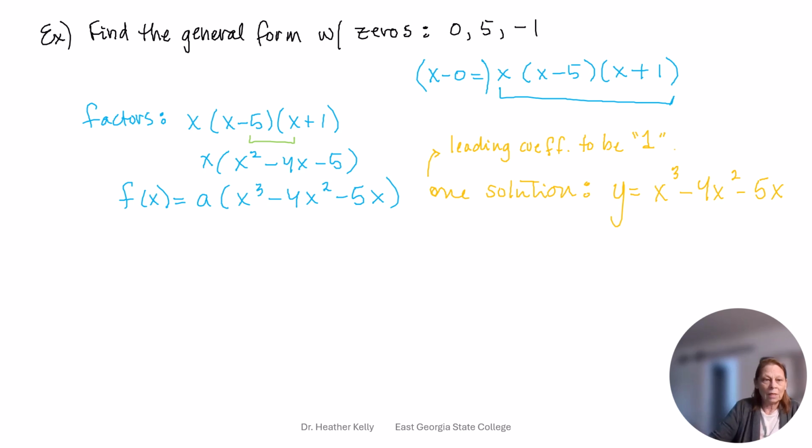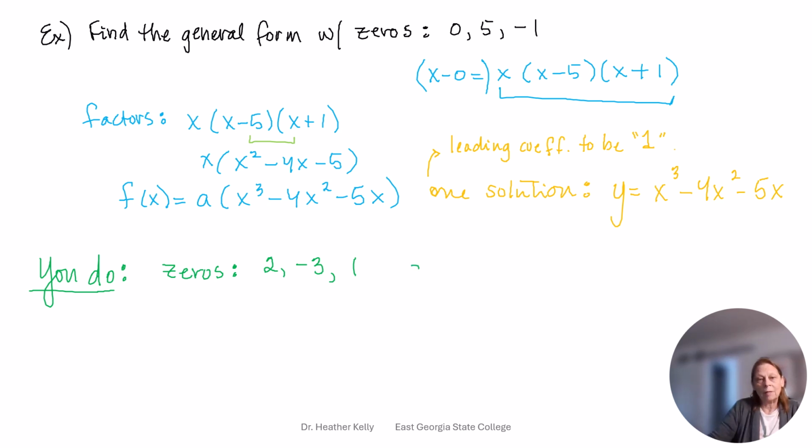Okay, so let's have you do a you-do. Let you practice this real quick. Let's see, our zeros are going to be 2, -3, and 1.